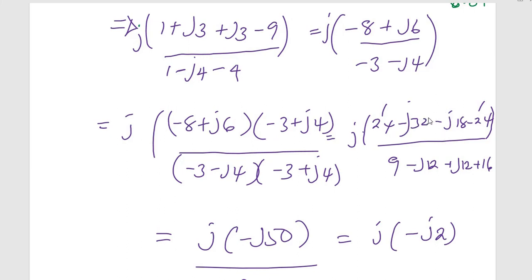If I simplify that, remember this j is still outside, so I will have j into minus j50.